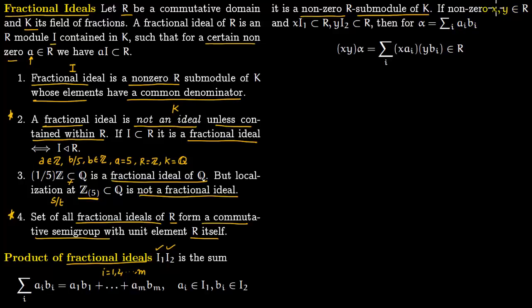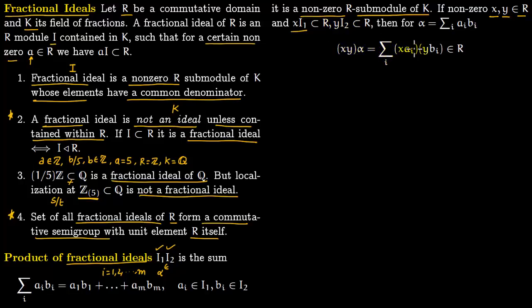Say there are two non-zero elements, x and y in R. x clears the denominator of I1, so x I1 lies in R, and y clears the denominator of I2, so y I2 lies in R. Then you can consider some element alpha of I1 times I2. We are going to show that this will also be a fractional ideal, because now you can clear the denominators of alpha by multiplying with x and y, which we would expect.